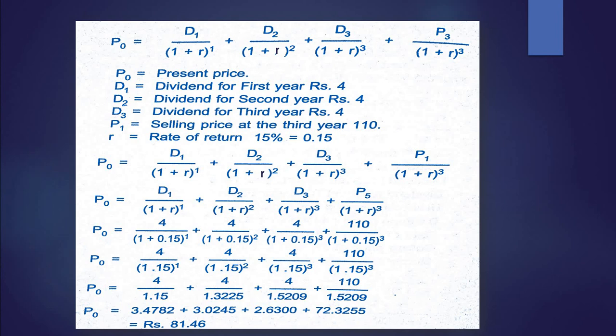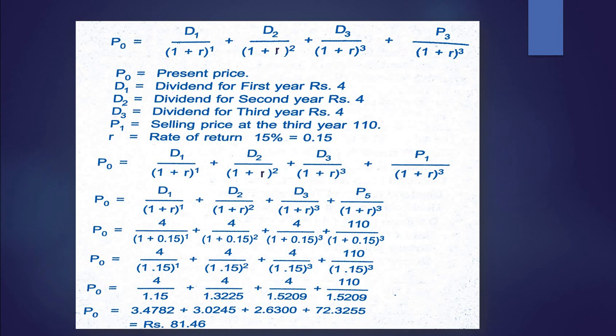Right. Next, we will substitute the values into the formula. In the third line, you can see that P0 is equal to D1, which is 4, divided by (1 plus R), where R is 0.15, raised to 1. Again, plus D2, which is 4, divided by (1 plus 0.15) raised to 2.